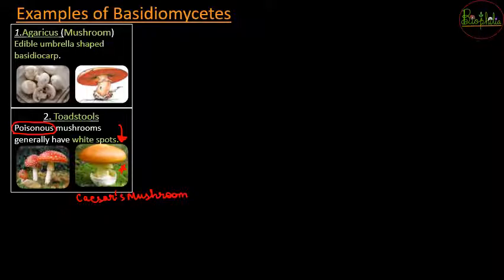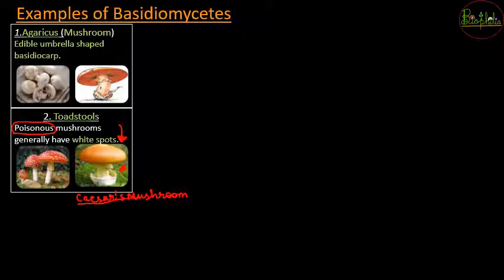So you might have heard him in history lectures, जो Caesar था, that king was killed using this mushroom's poison. So he was fed this mushroom, और जैसे ही उसको ये mushroom खिलाया गया, so he died because of the poisonous toadstools. So the people named this mushroom after his name as Caesar's mushroom.